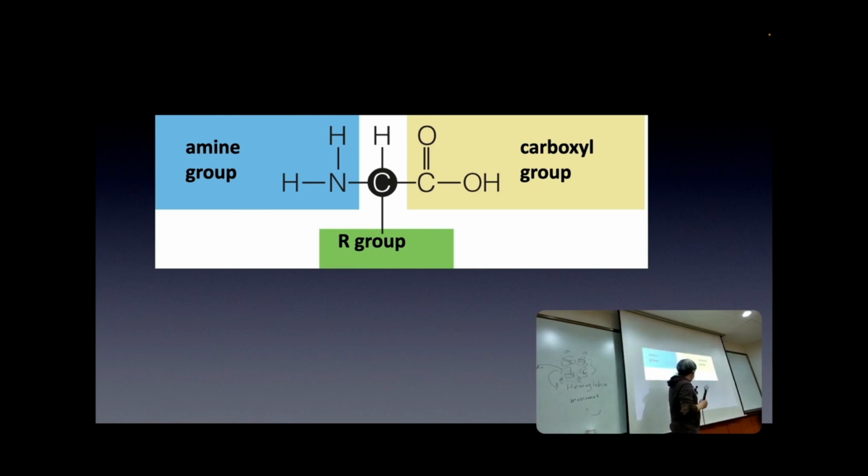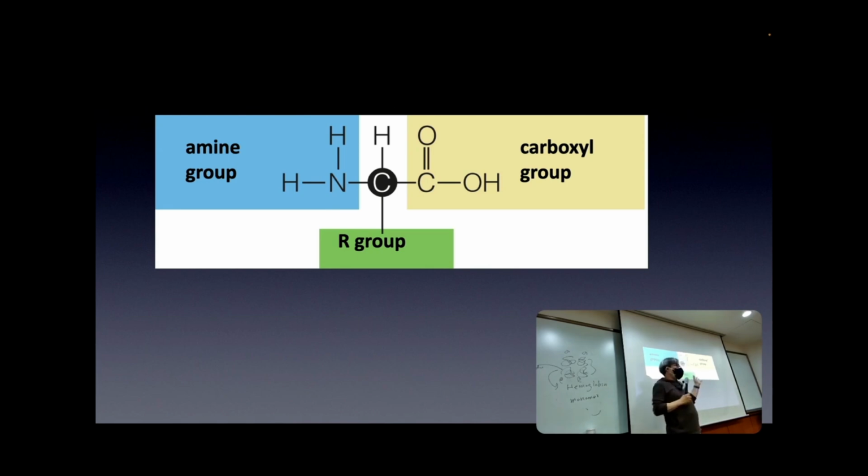This is where the uniqueness of any different amino acid can be played. This R can be anything. Any different chemical structure, even a crazy one, can fit in here, as long as as a whole it can form a covalent bond with carbon, which is not difficult.